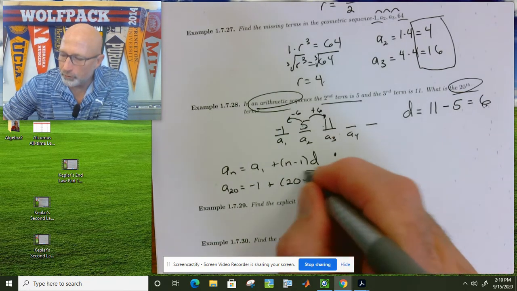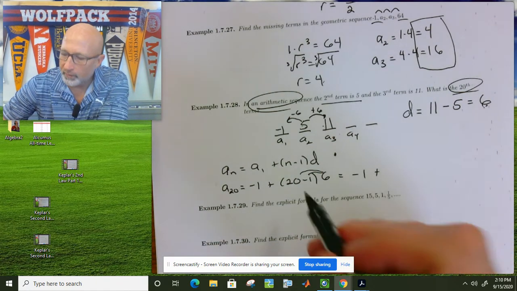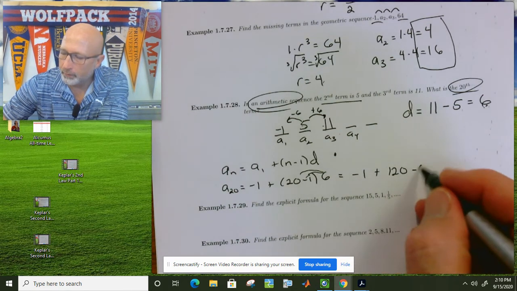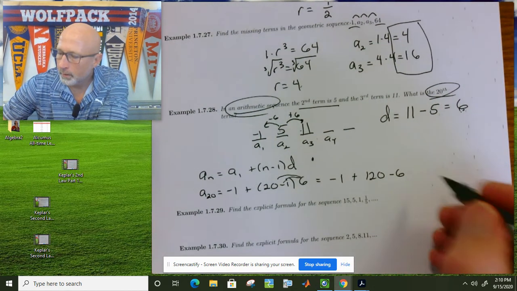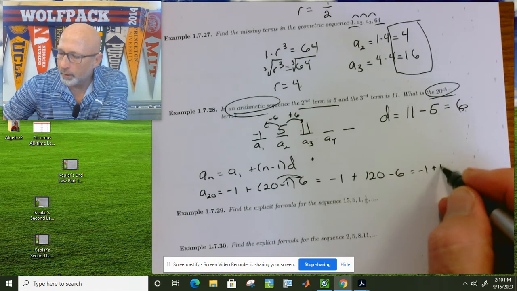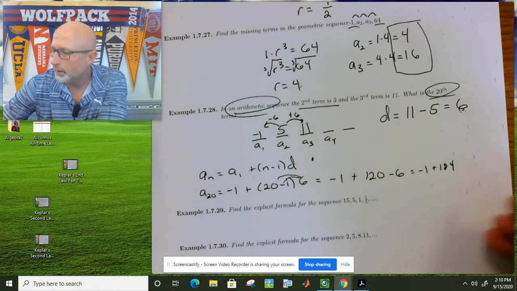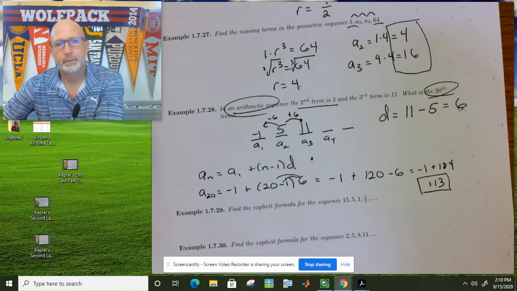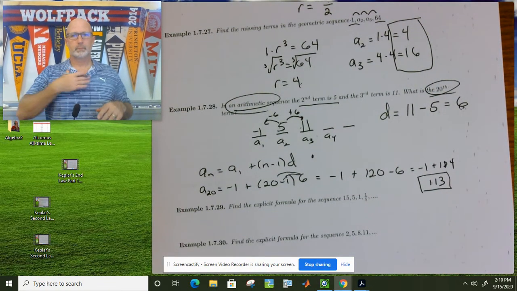Remember, I use the distributive property here. I take 20 times 6, which gives me 120, and then minus 6. So this is negative 1 plus 114, which gives you 113.